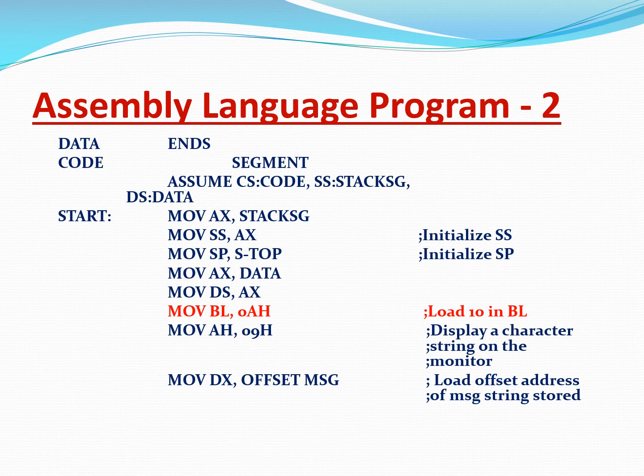Similarly we write MOV SP, S top. That means we are initializing the stack pointer. Whatever is the last word stored in the stack, the next location, which is the empty location, is pointed to by the stack pointer, and we move its address with this instruction MOV SP, S top.